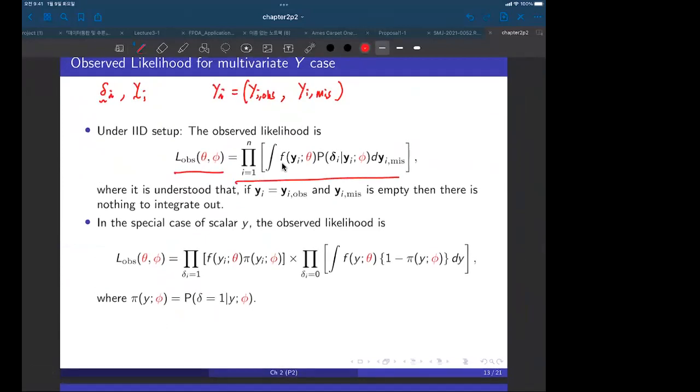For scalar y, if y_mis is empty, you have nothing to integrate out, so you have just the joint. If it is not empty, you have a missing y, and then we need to take the integration over y. So that is the observed likelihood.